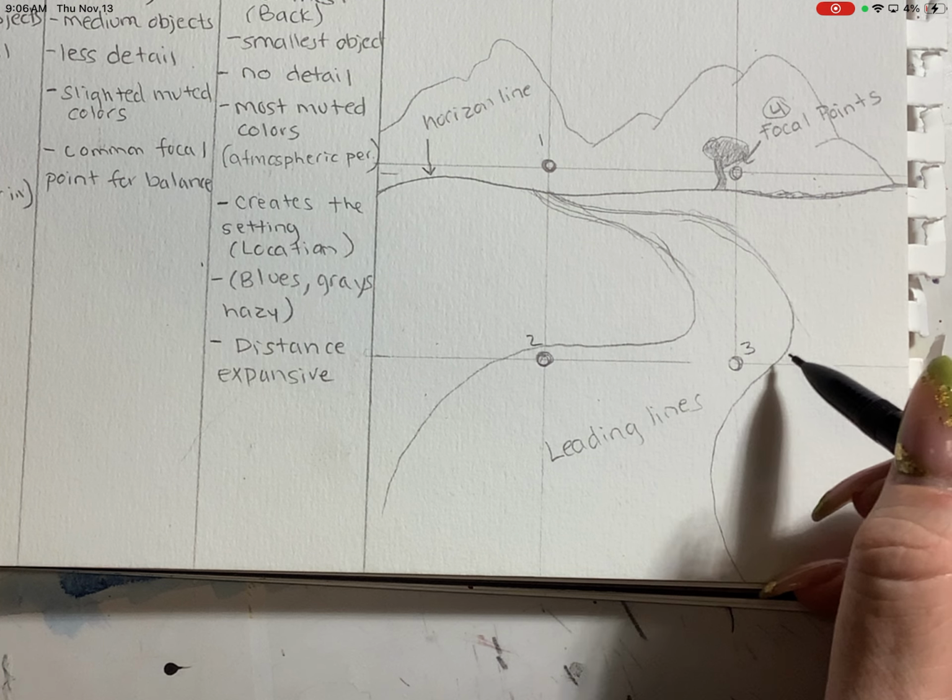I'm going to leave my notes, but I'm going to erase the lines that go through my tree. So I want my biggest branches to go through the focal point.